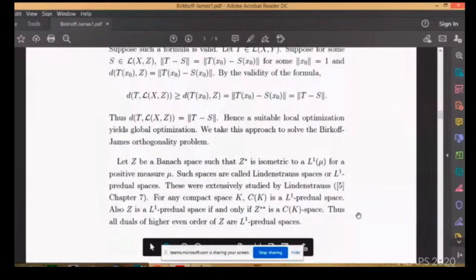So this is what I call a local optimization, and this is what I call a global optimization. You are looking at a global infimum, and here these are local infimums, and then you are taking the supremum over the local. So this is what I would call the minimax formula, and one would like to know when such a minimax formula is valid.